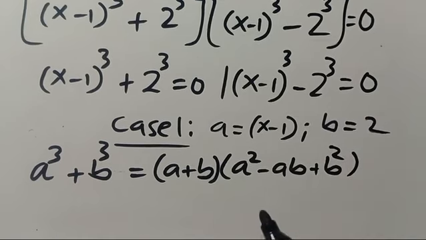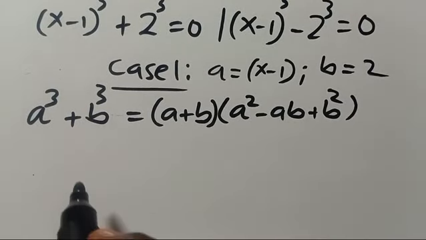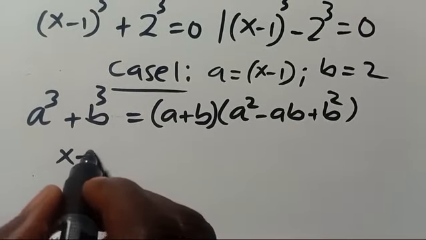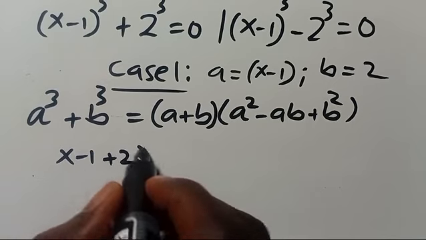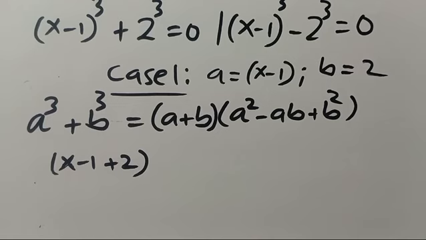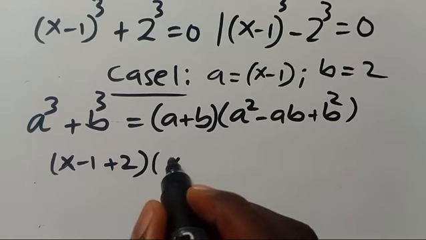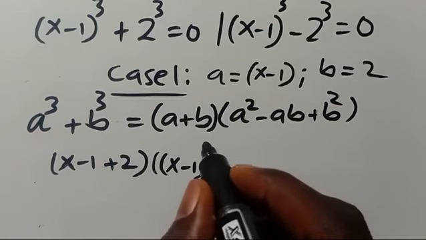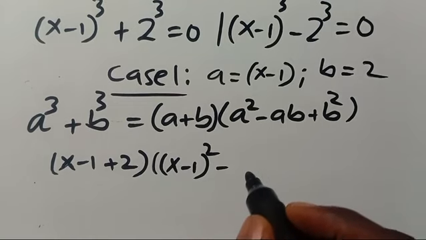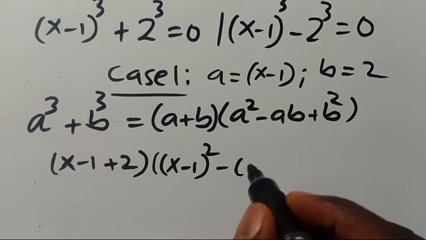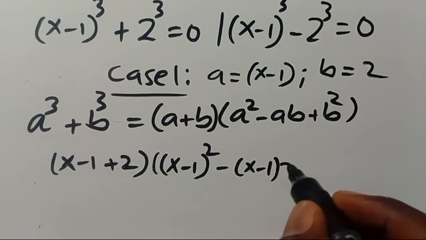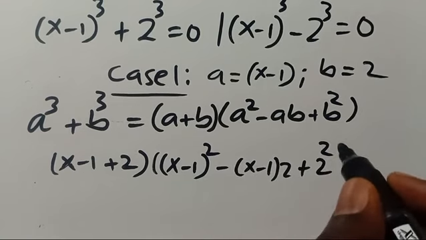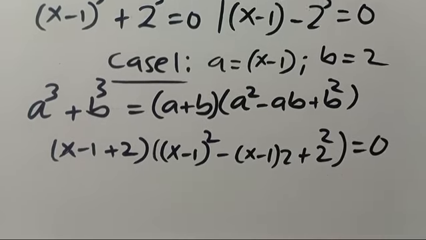So when we substitute it here, we are going to have (x − 1 + 2) multiplied by ((x − 1)² − (x − 1)(2) + 2²) equals 0.